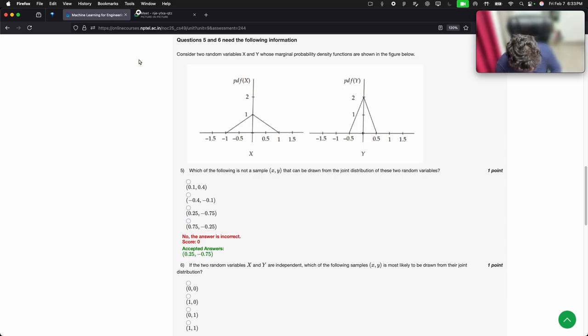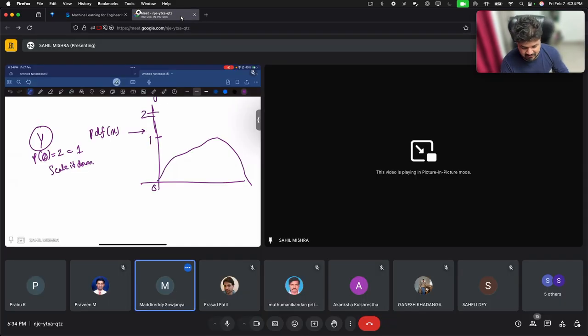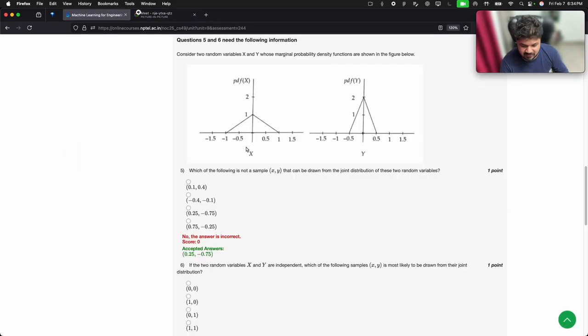It should be at max 1. So what you do is you scale it down. Once you scale it down, the x-axis, yes, now you're getting it.